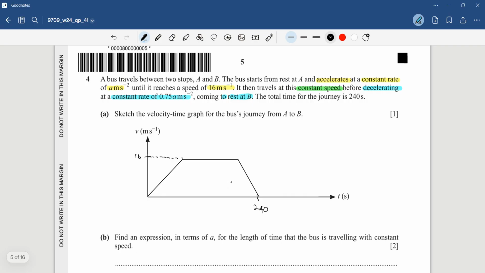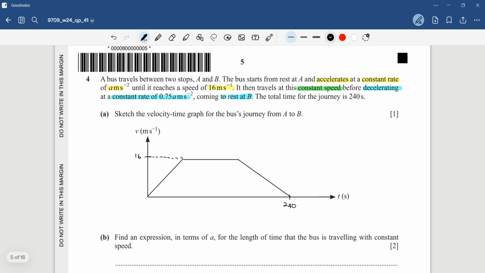Okay, the only thing that you need to take note is, wait, sorry, I think I made a mistake. The gradient of this. Okay, the only thing you need to take note is actually the gradient of my third segment must not be steeper than the second gradient, because you see this is A and this is 0.75A.